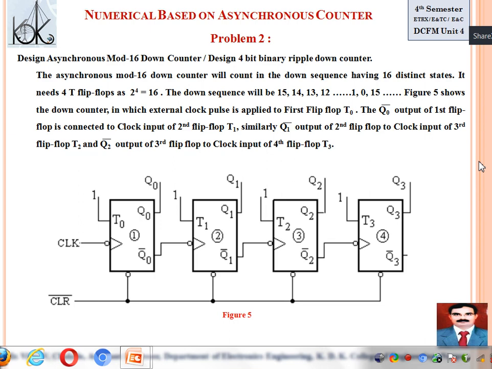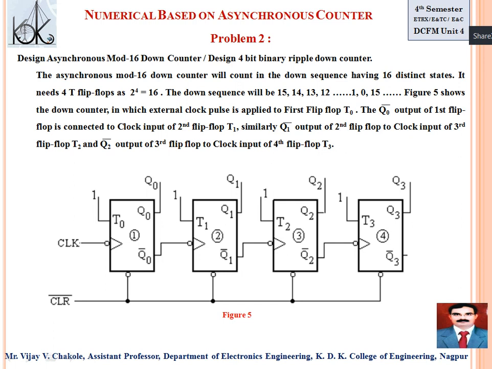The down sequence will be 15, 14, 13, 12, 11, then it goes down to 2, 1, 0 and again 15, right? Now this figure shows the design of the down counter. The external clock pulse is applied to the first flip-flop. Then the output of flip-flop 1 goes to the clock input of flip-flop 2.